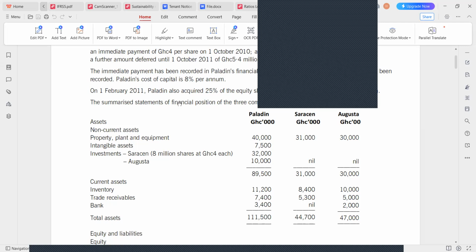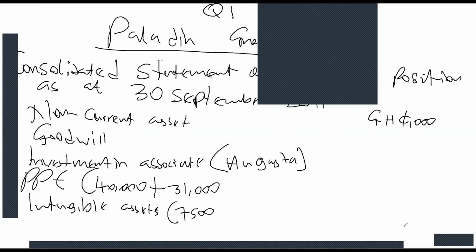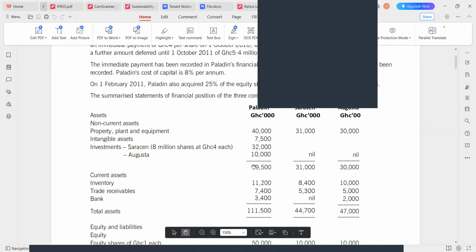All right, so that is that. So here we'll not consolidate the investments because they've mentioned the names. So go straight to current assets. If you like, leave enough space because maybe something will pop up again. Did they add their non-current assets? They did. So you must also do the same thing.